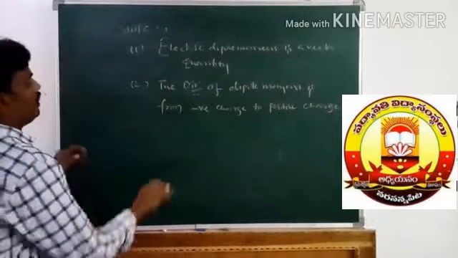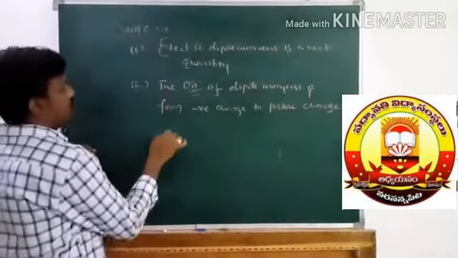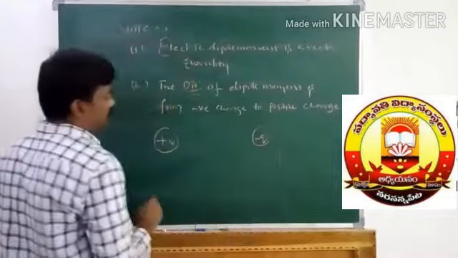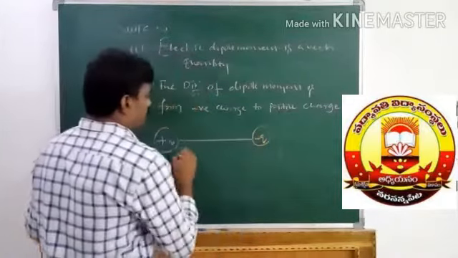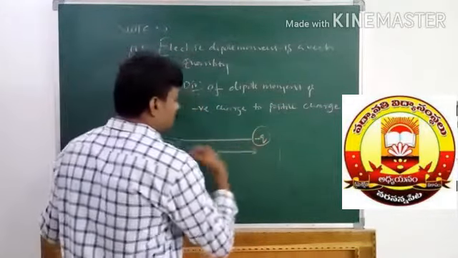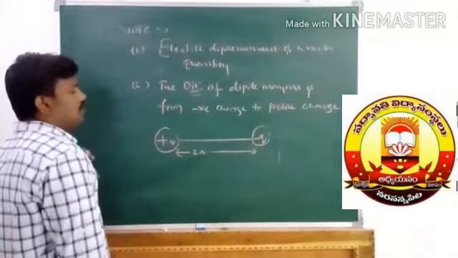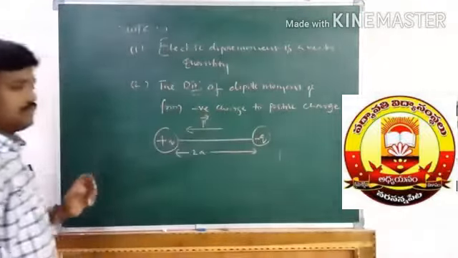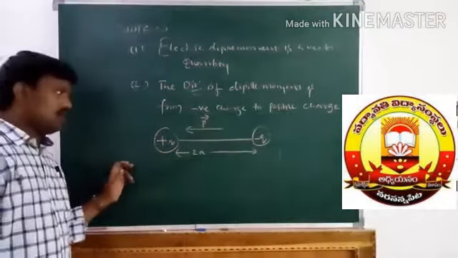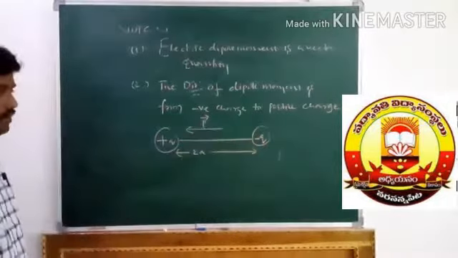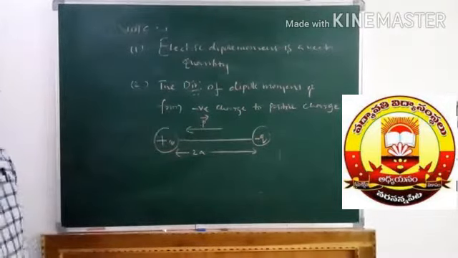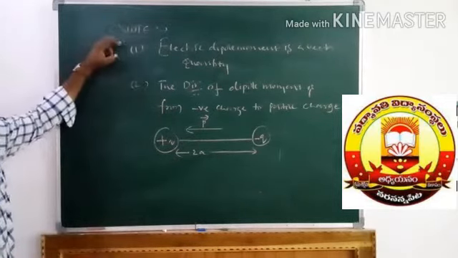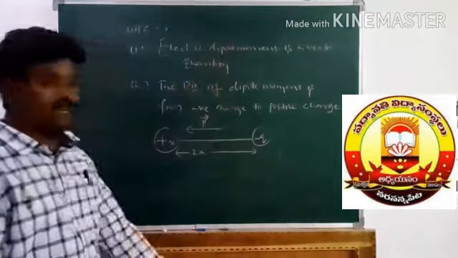Suppose this is the positive charge and this is the negative charge, and this is a dipole with separation distance 2a. Then the direction of the dipole moment will be in this direction. So this is P bar. It is always towards the positive end and away from the negative end. These are the two important points you have to remember about electric dipole moment.